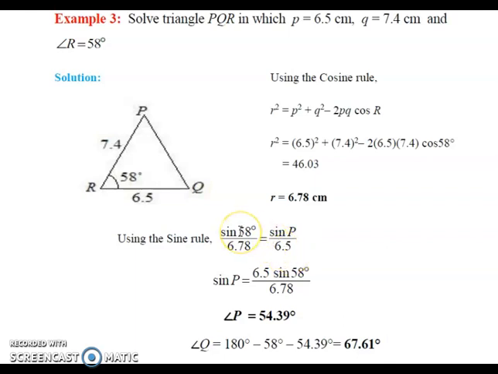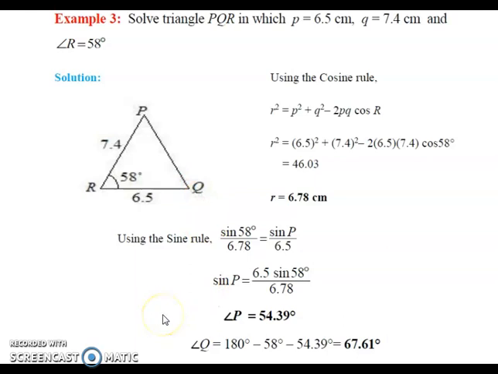Cross multiplication, we will get sine P is equal to 6.5 multiply sine 58 degrees divided by 6.78. After simplification, you will get angle P value 54.39 degrees.